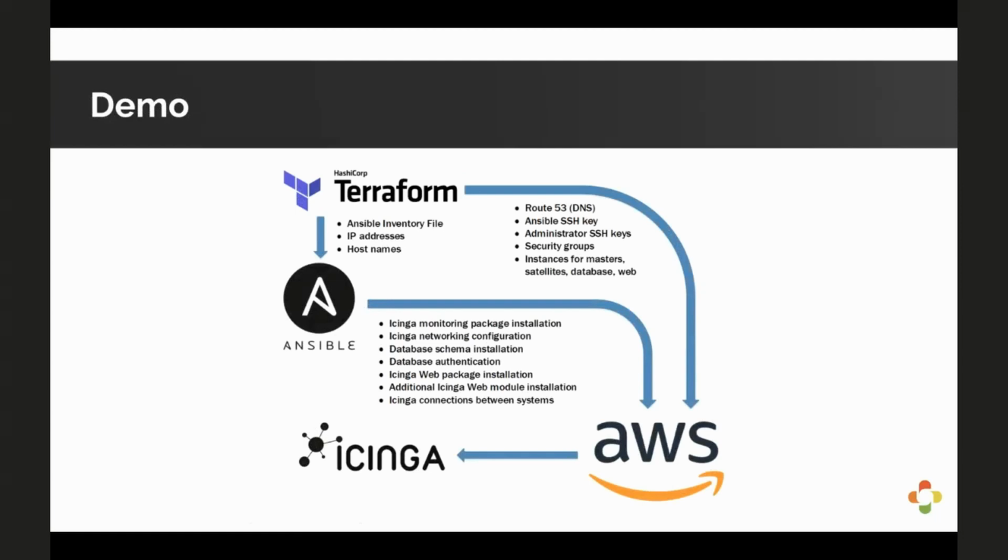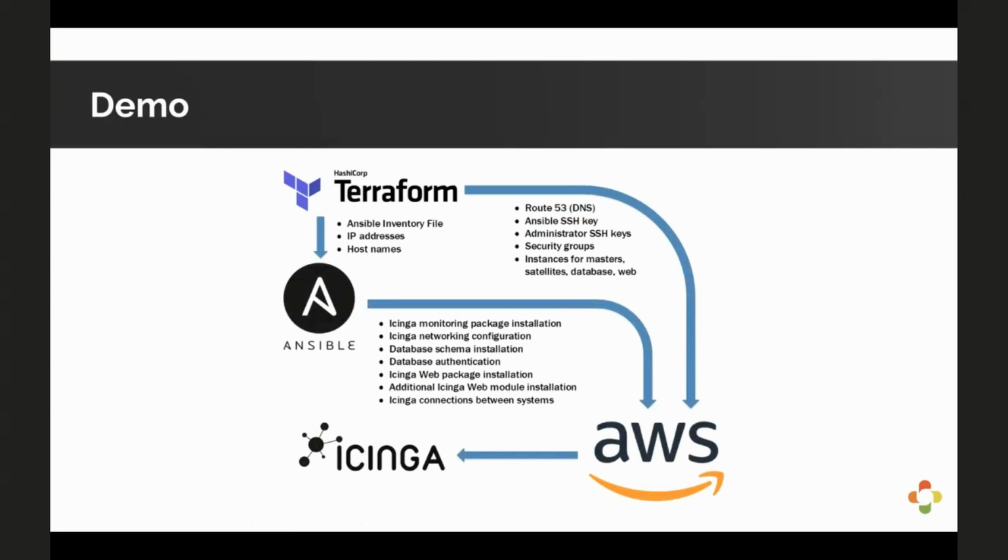We're going to push an Ansible key out into those machines so that Ansible can do its job afterwards, and some other SSH keys. It's going to define the security groups, which in a local domain would be firewall rules, right? And it creates all of the instances for the masters, the satellite, the database, and the web server. Then it's going to create an Ansible inventory file, which contains all the IP addresses and host names for those machines.